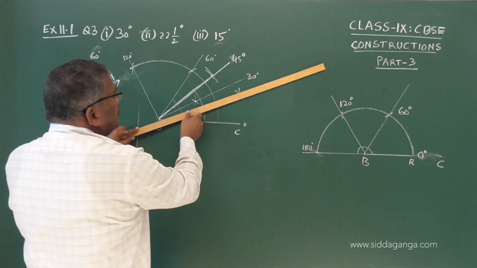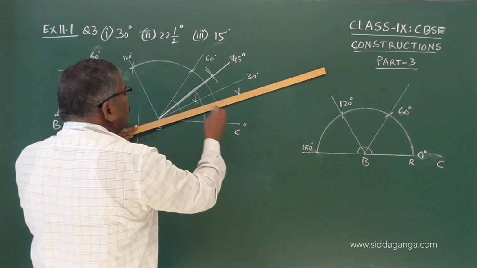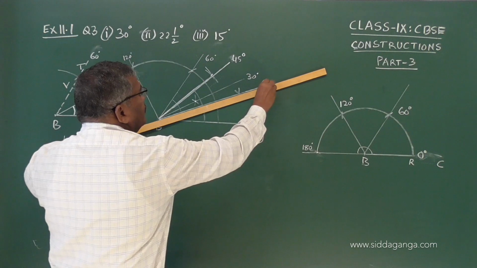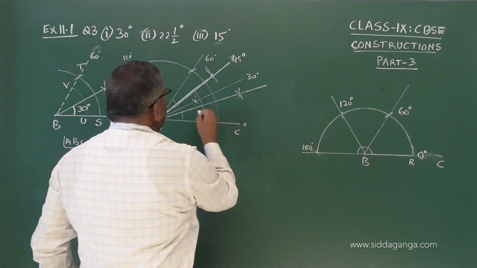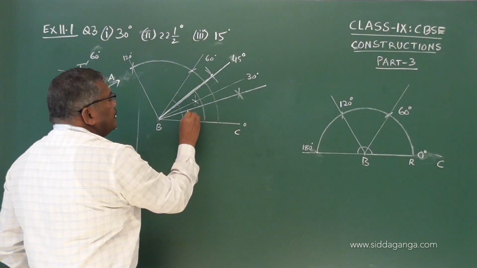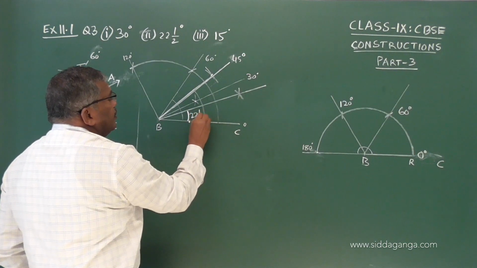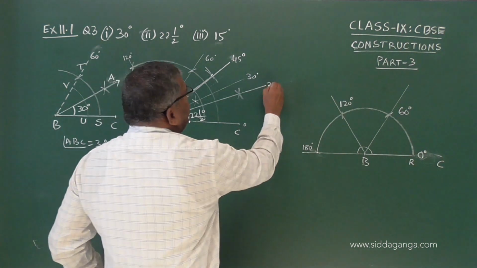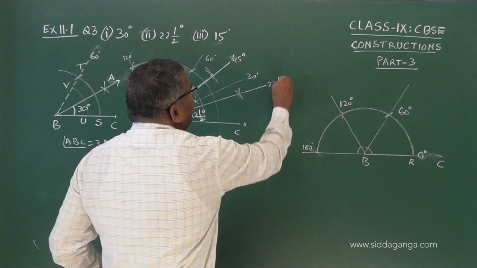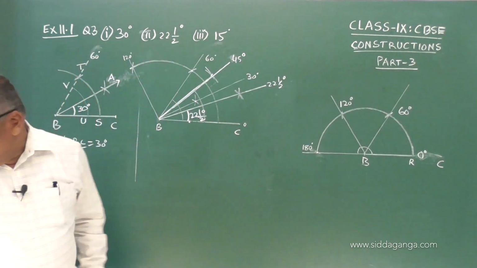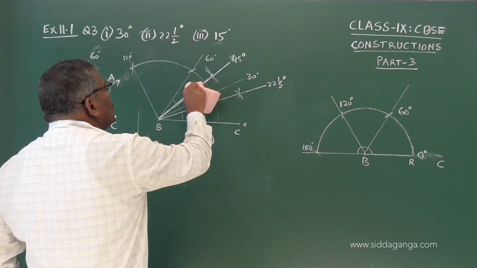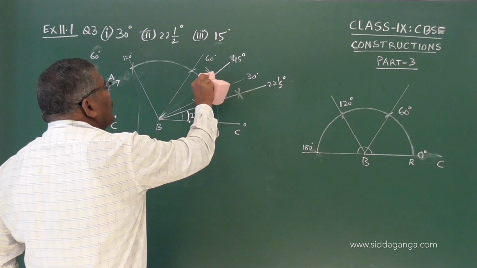So we have done both here, 30, 45 and 22.5. This angle is 22.5 degree. So to avoid confusion, you can draw this 45 degree line as a thin one.